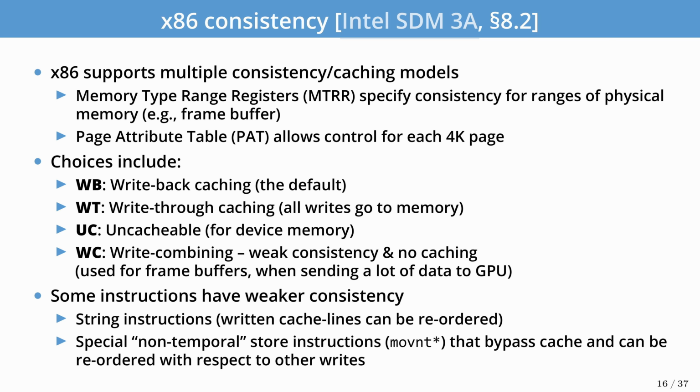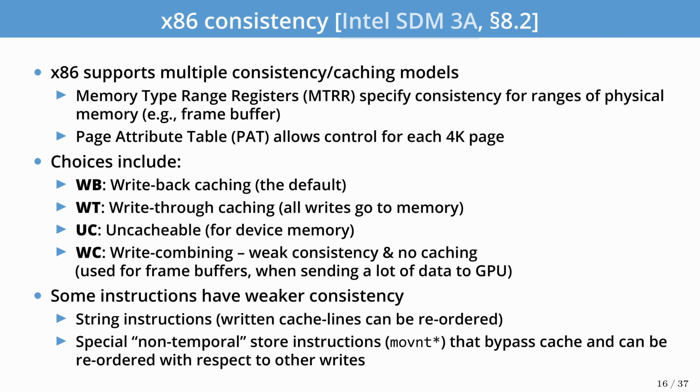And you also have some page attributes. When we talk about memory management, we'll come back and see how these are set and what this really means, that also allow you to control the consistency model. This isn't too important, but the important thing is to understand that there are different consistency models for memory.